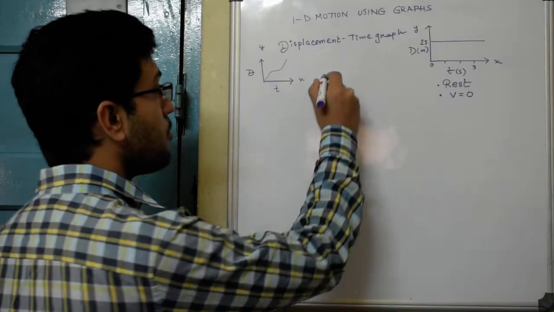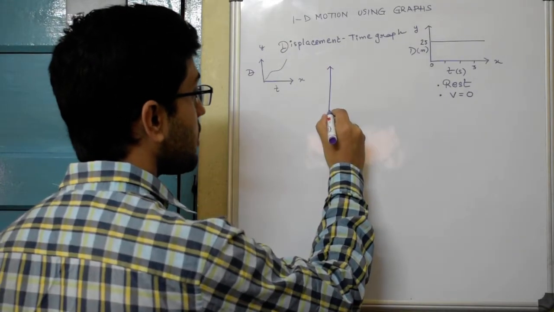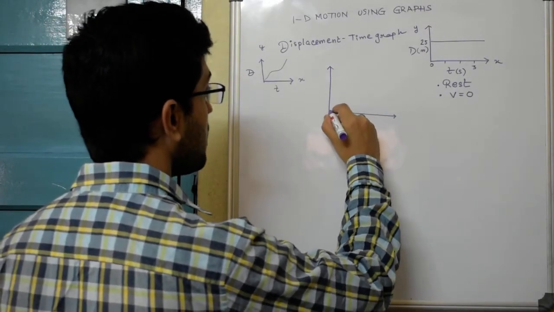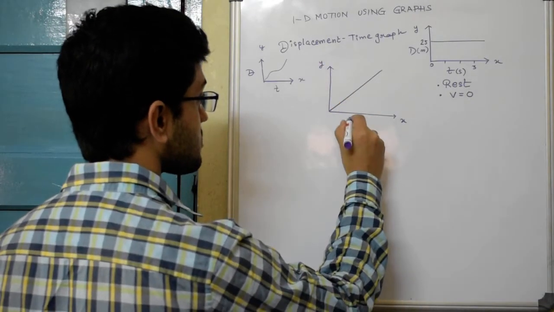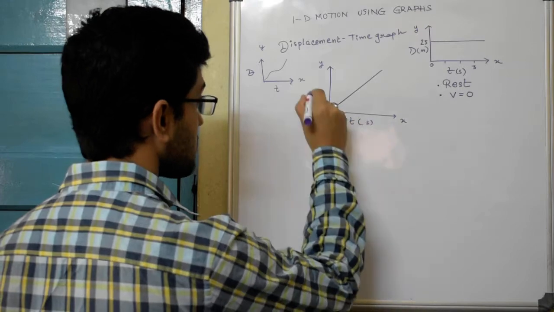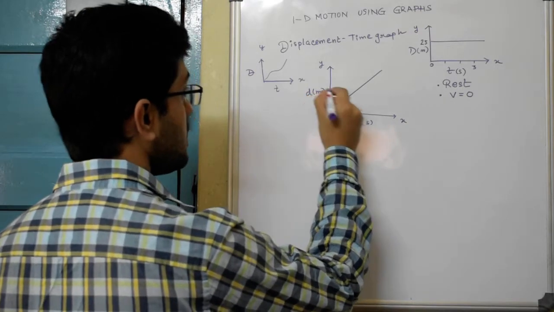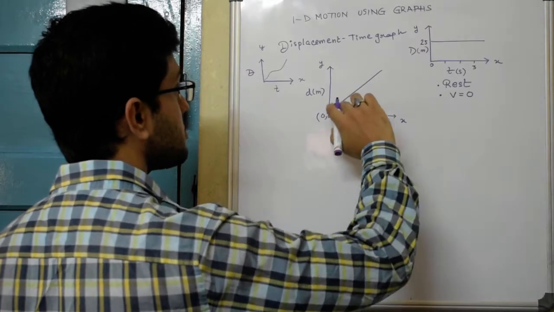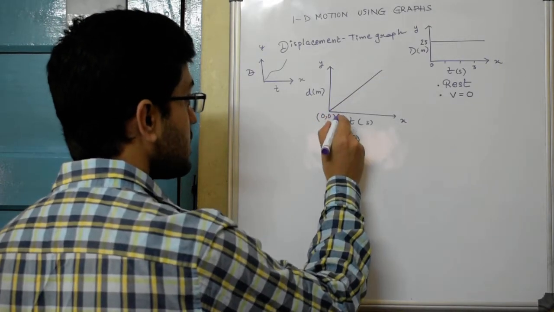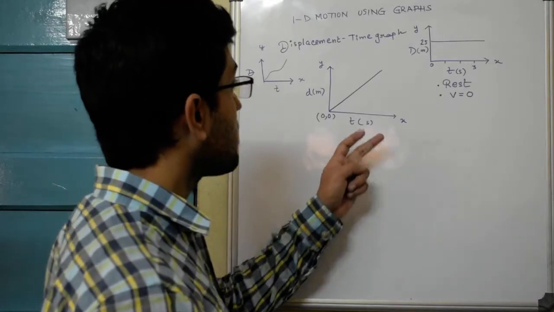The second type of displacement time graph that you will find in your book is where the graph is a straight line passing through the origin. This point here is the origin, and the graph is a straight line passing through the origin, inclined at a certain angle theta with the time axis.